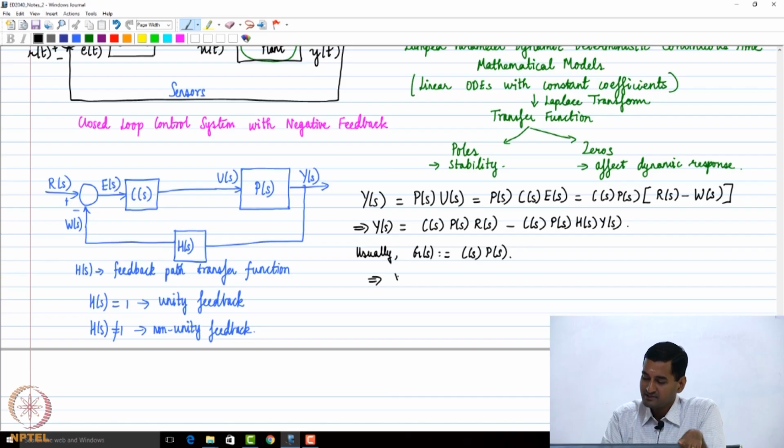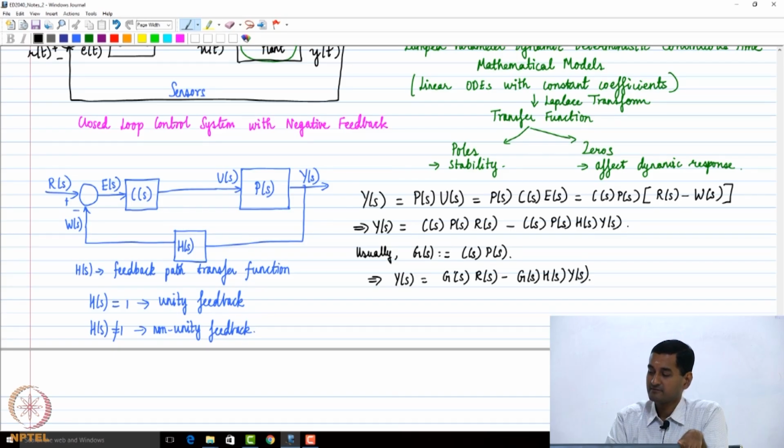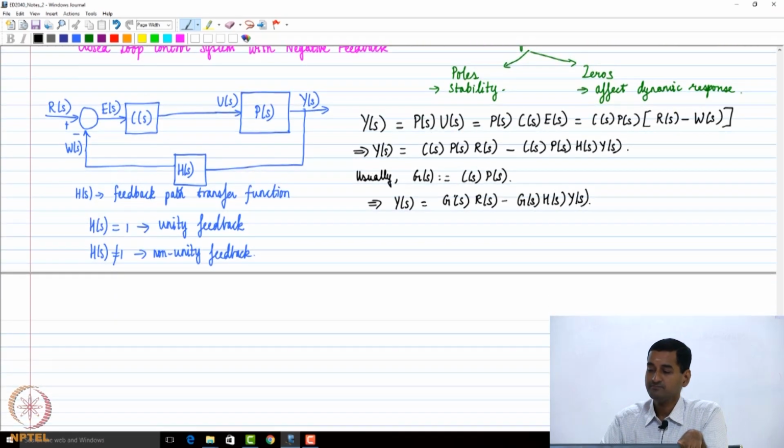What happens here? You get Y of S equal to G of S R of S minus G of S H of S times Y of S. Correct? You see that Y of S is common on both sides, so you take it to the other side.